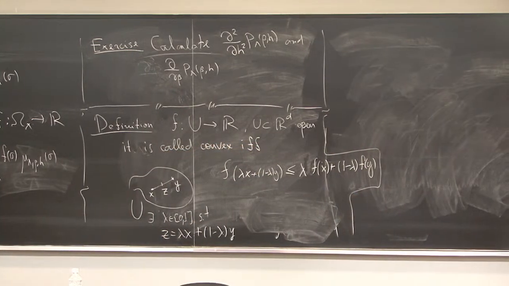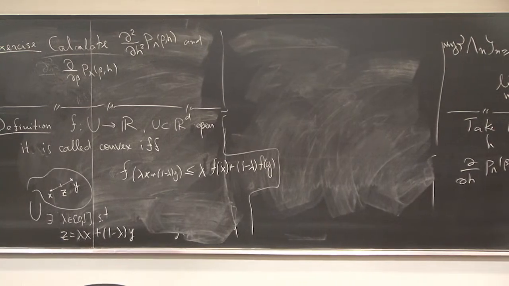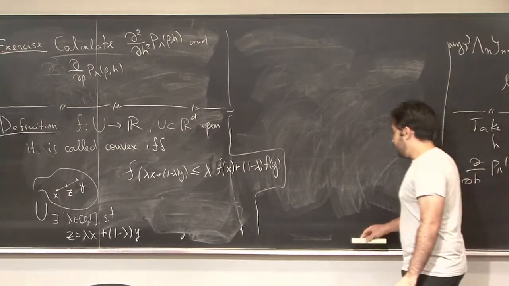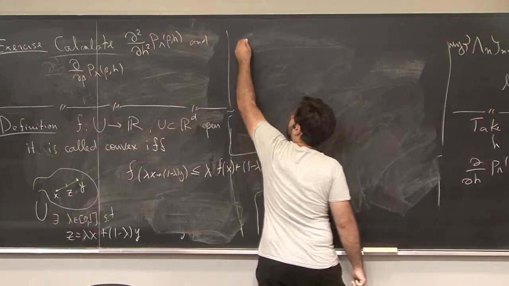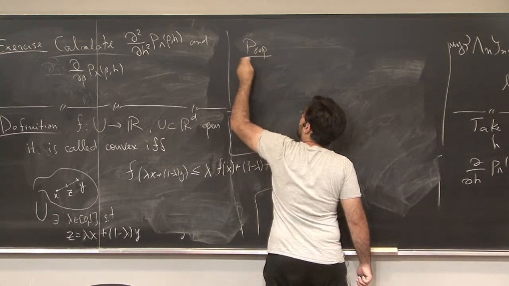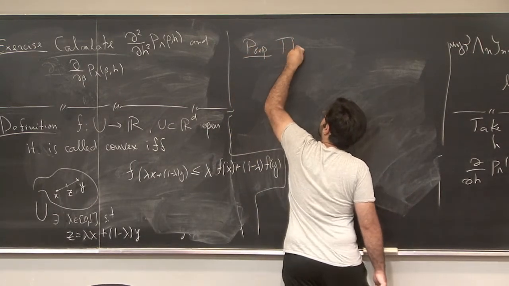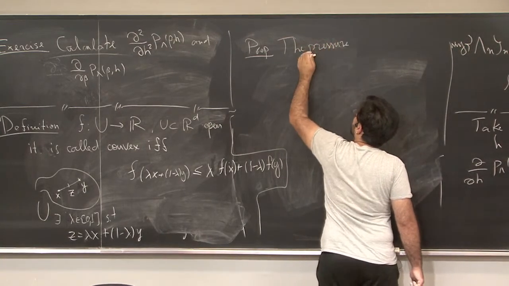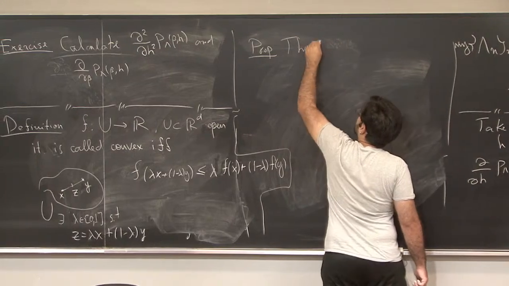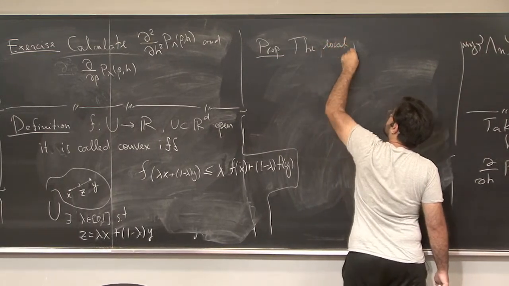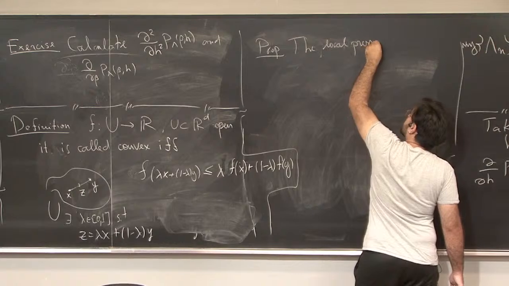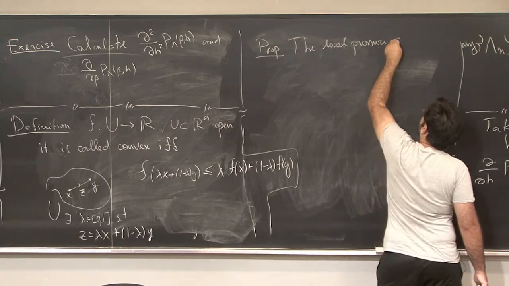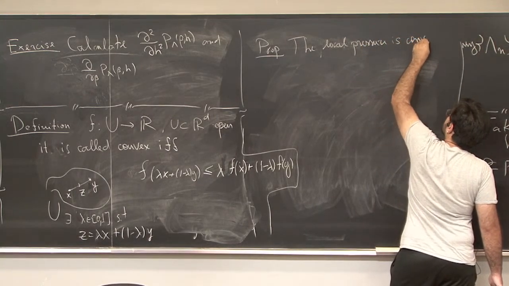And actually, the pressure satisfies this. So the first proposition of today is that the local pressure is convex.